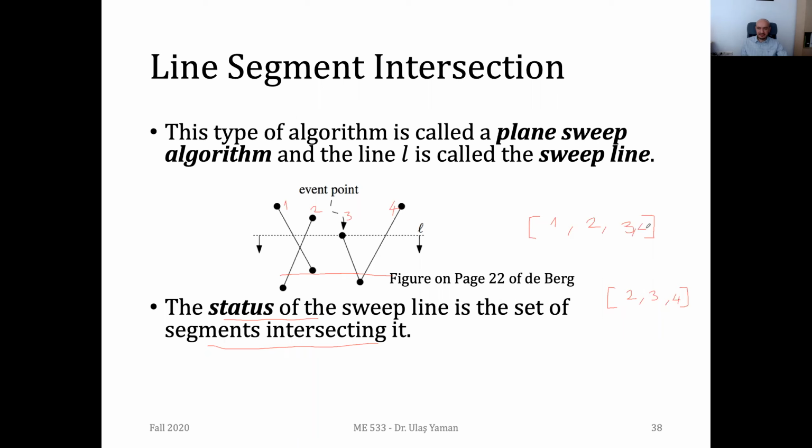But above this line, here the status of the sweep line is a bit different. 1, 2, and 4. Okay. And at the ends, let's say you have the sweep line here, then the status will be simply 2, which means that we only have the second line segment intersecting with the sweep line.